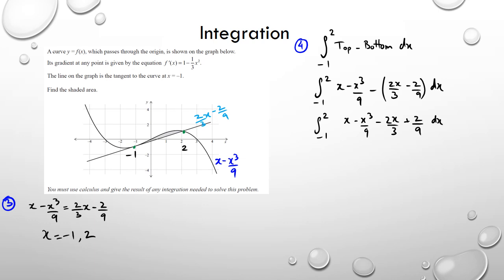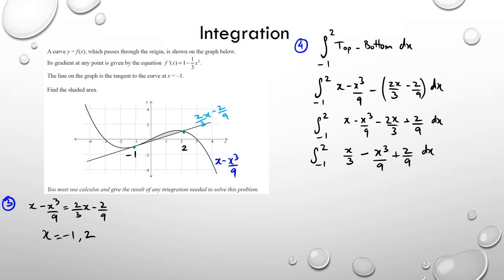Now you can simplify it before integrating it, it's up to you how you want to do it. I'm going to simplify it. So we got x minus 2/3 of x, that's going to be x over 3, minus x cubed over 9 plus 2 over 9 dx.